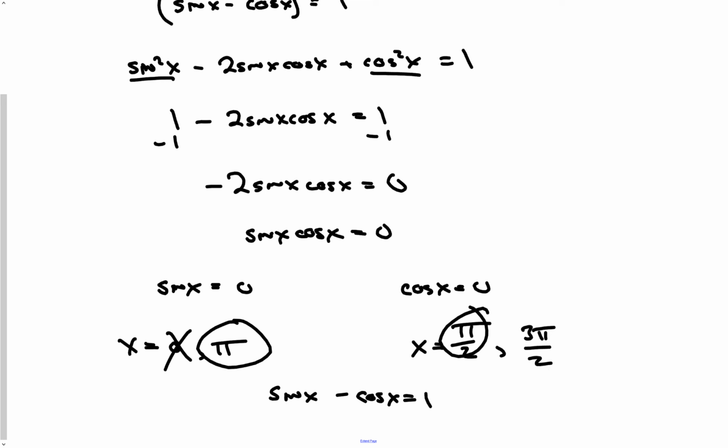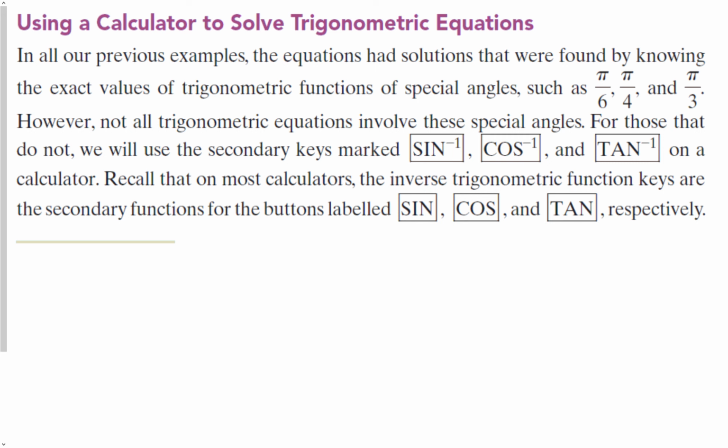Cosine of 3 pi over 2 is 0. No good. That's -1. So out of my four answers, I only got 2 of them to work. And the reason why that happens is because you are introducing extraneous solutions when you raise both sides to an even power. All right, let's switch over to a calculator.